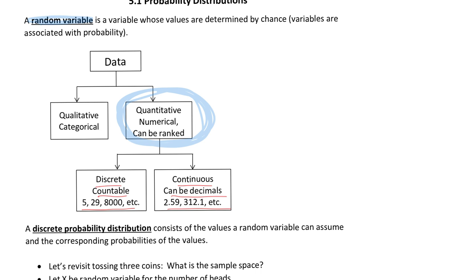A lot of times we're talking about lengths of different items, like 112.25 inches or feet. Lengths and weight would also be examples of continuous, whereas discrete would just be countable whole numbers.